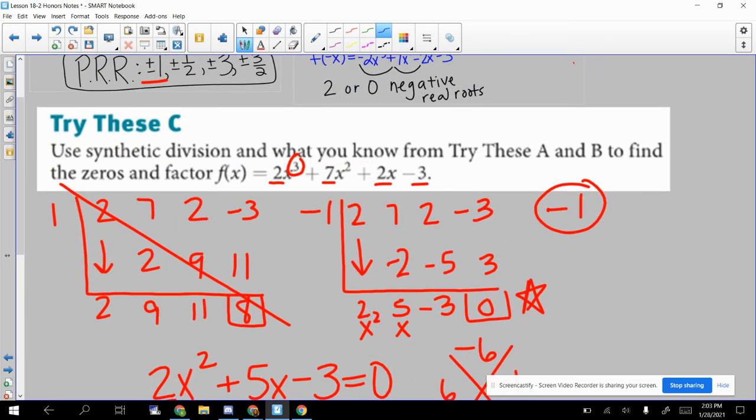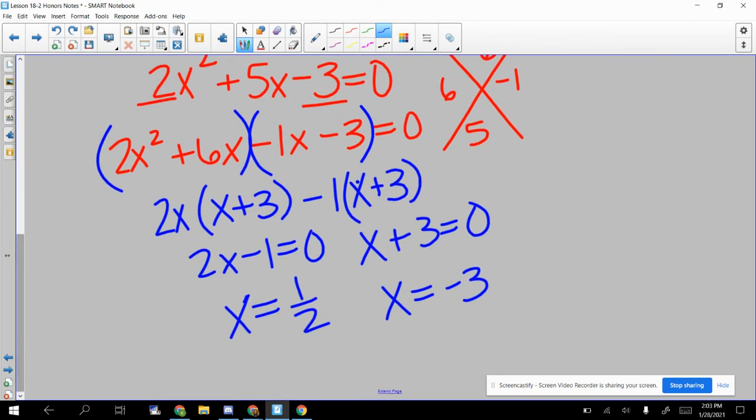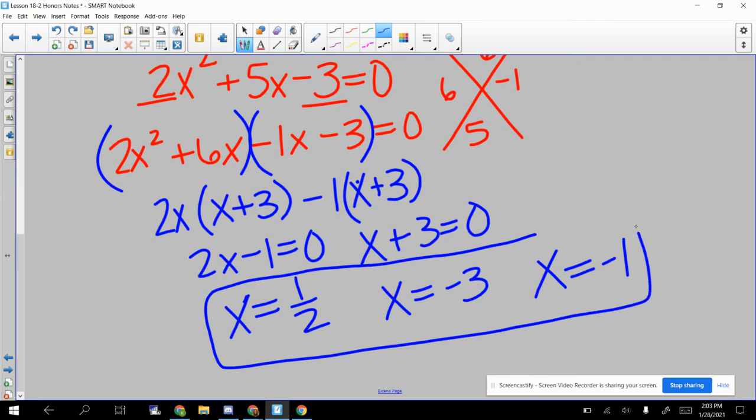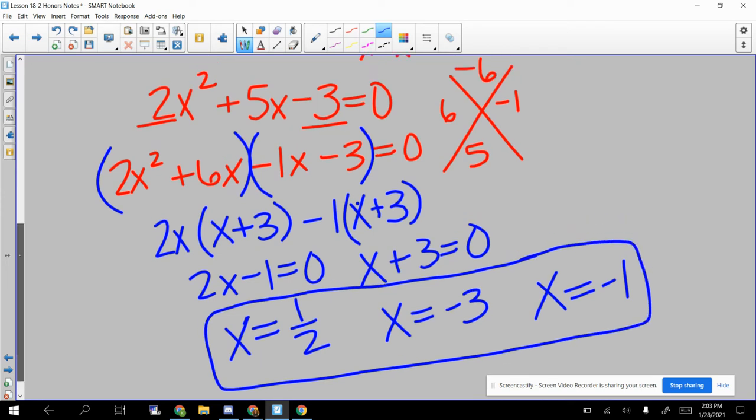So if I bring down my original answer up here, which was -1, then I know that my 3 real zeros are x equals -1, which we got from the remainder theorem using synthetic division, and then x equals -3, and x equals +1/2.